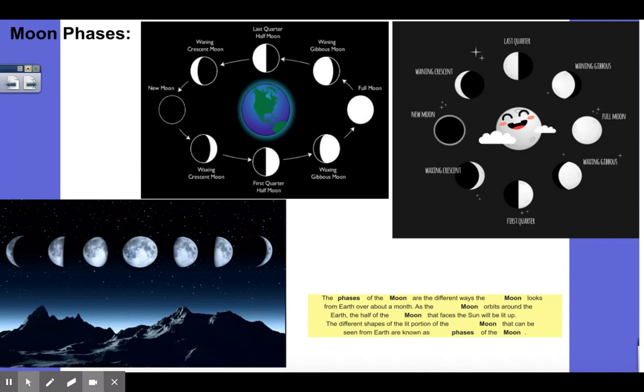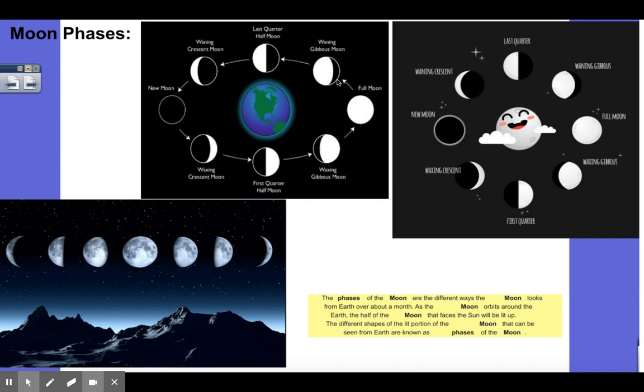On the left side of the screen, you'll see the new moon, and then it becomes a waxing crescent. First quarter moon, which is on the right side, is full. So we say wax on, which means we're waxing on to waxing crescent and waxing gibbous, wax on to the full moon.